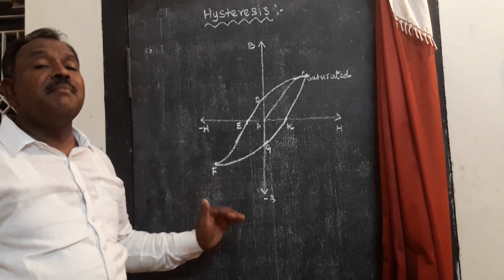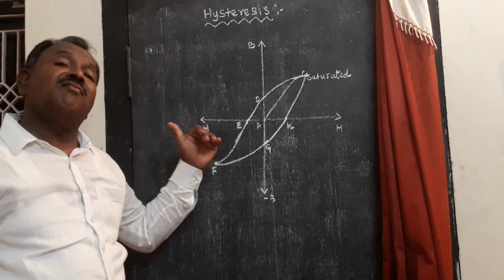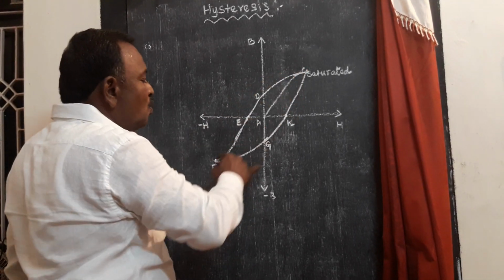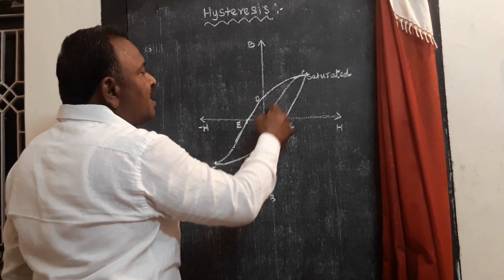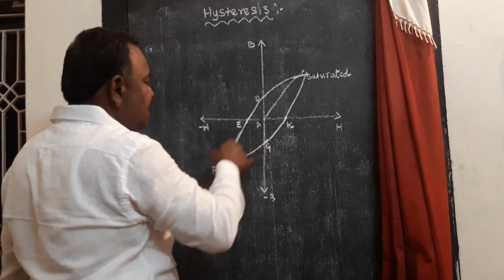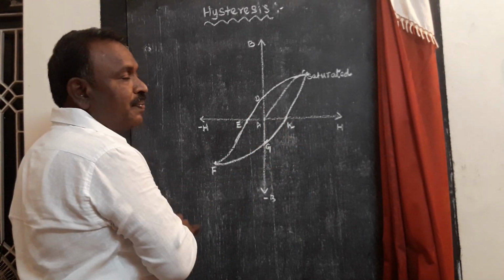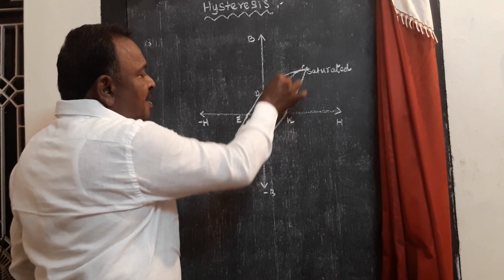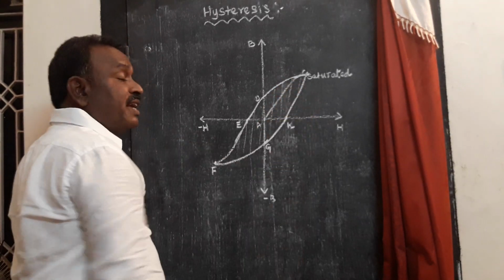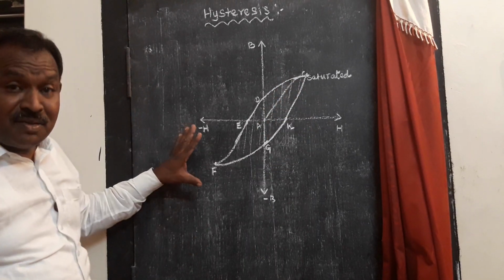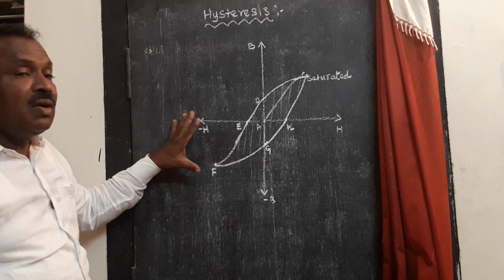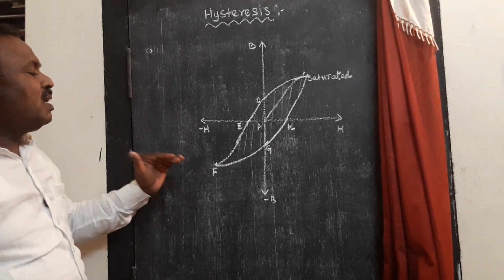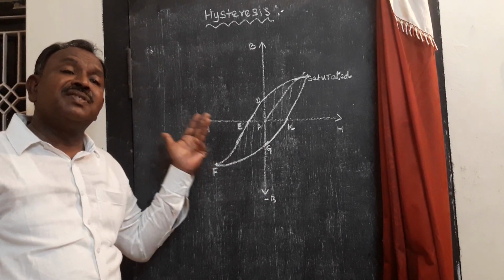When a magnetic material is taken through a cycle of magnetization, you will get a closed curve A, C, D, E, F, G, K. This closed curve is called the hysteresis loop. So what is the use of the study of the hysteresis loop?